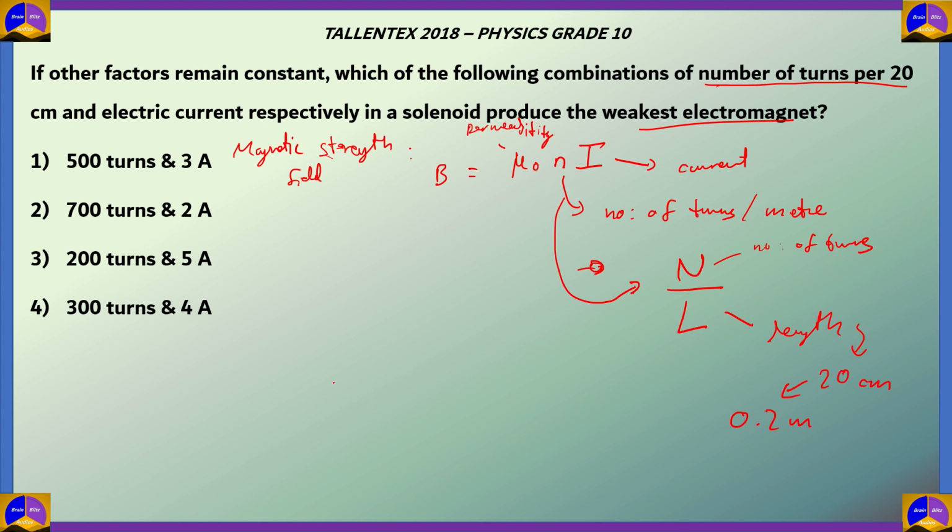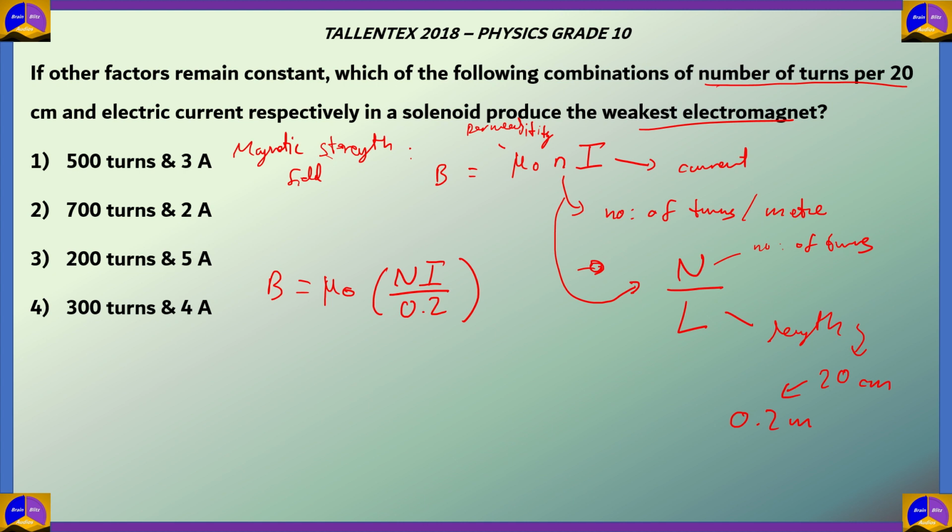meters. So the formula that we're going to be using would be B is equal to mu naught times N I over length, which is 0.2. So B is equal to mu naught times Ni over 0.2.